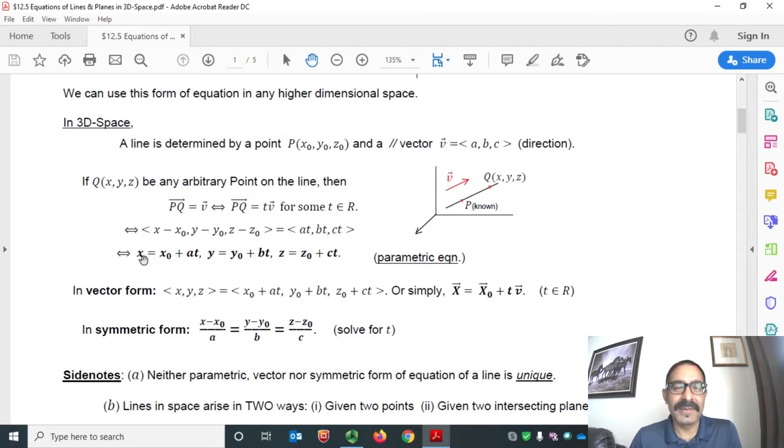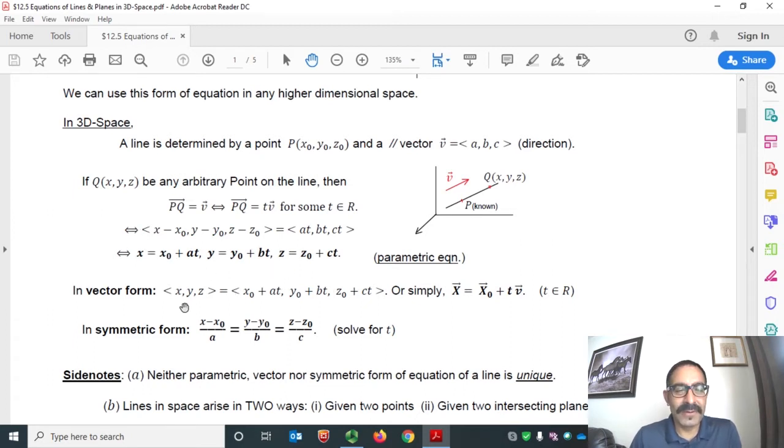In the next step, we also know two vectors are equal if and only if their corresponding components are equal. So we have x minus x0 equals at, so x equals, bringing x0 to the right side, x0 plus at. Similarly, y equals y0 plus bt, z equals z0 plus ct. And these are the parametric equations of the line.